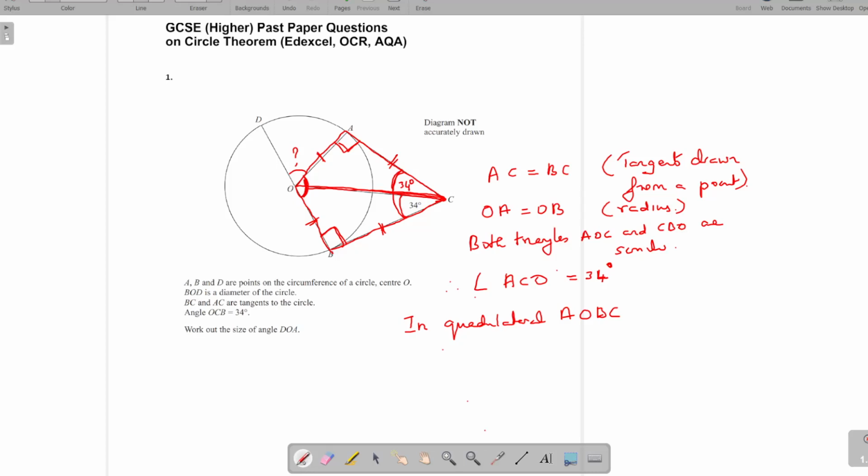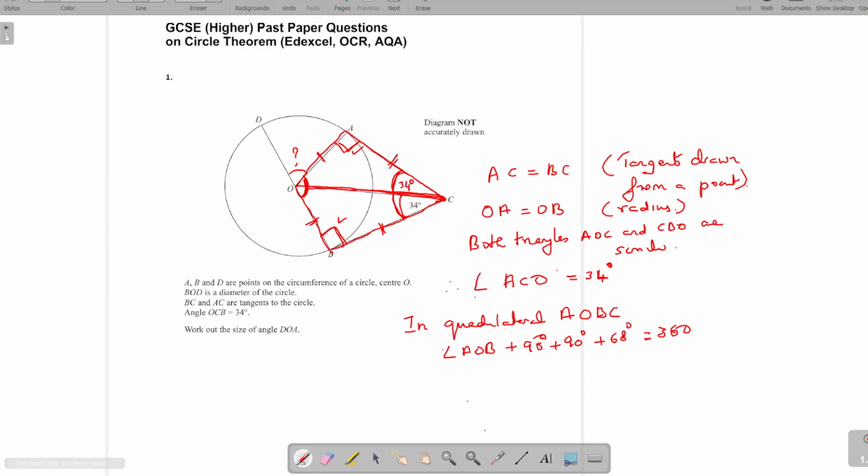We're going to say angle AOB, that is this, plus 90, plus another 90, plus 68 is 360 because quadrilateral angles add up to 360.